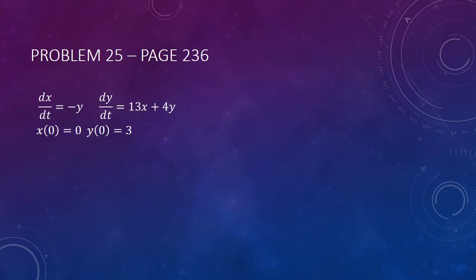So what I'm going to do is take the second derivative of x with respect to time, which is equal to minus the first derivative of y of t, and I know what that is equal to. That's equal to this right here.